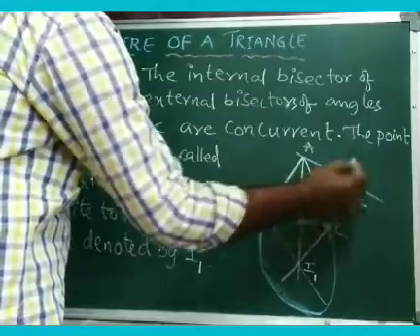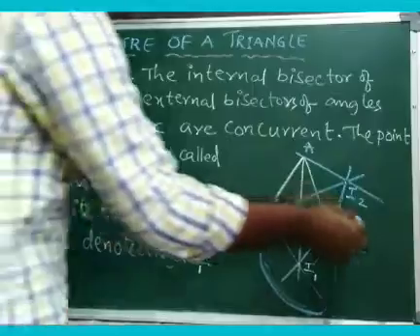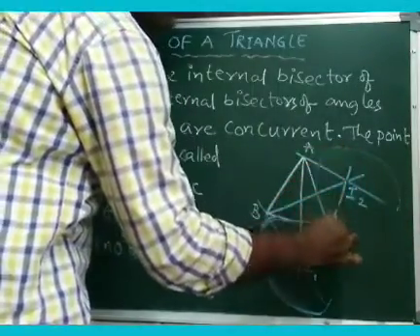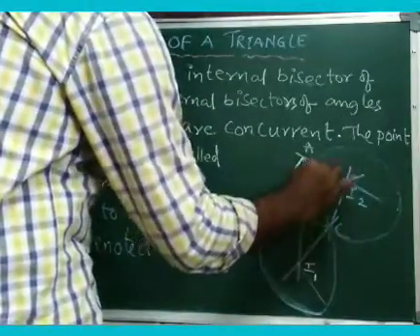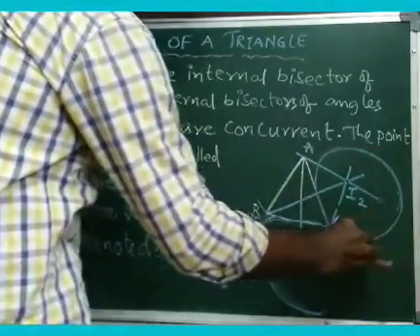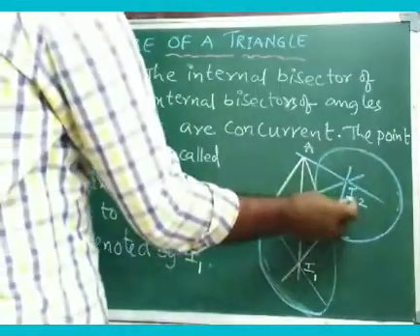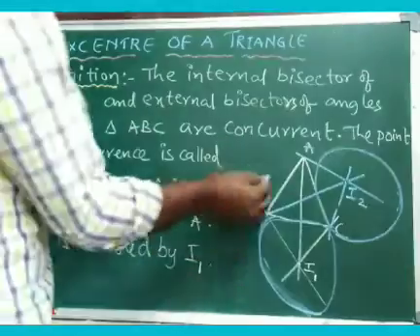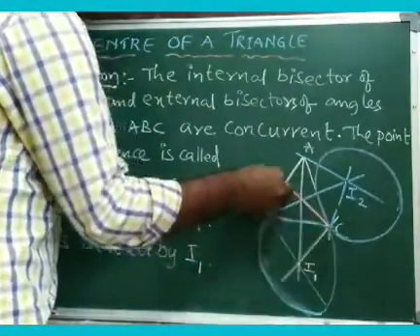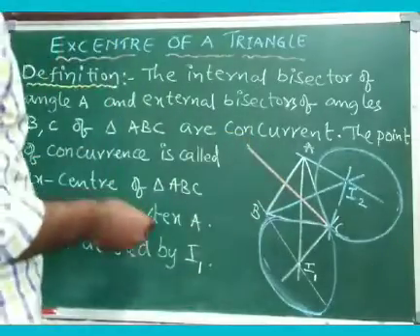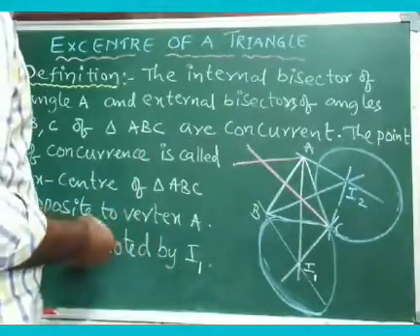The same concept here: taking AI2 or CI2 as a radius, if you draw a circle, there exists another excircle. This is the excircle opposite to vertex B, and its center is denoted as I2. Similarly, from angle C, draw the internal angular bisector, and from angle A, draw the external bisector.